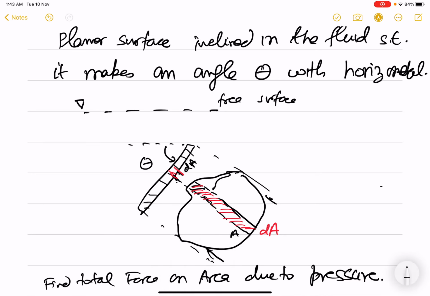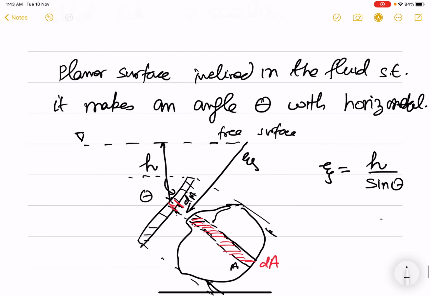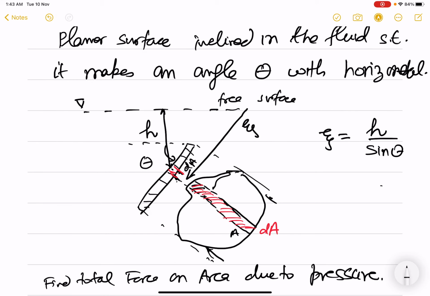We look at it from the free surface. Let's call this coordinate zeta, and let the depth of this be h. So from here it is very clear that zeta times sine theta is equal to h, where h is the depth of the elemental area dA.